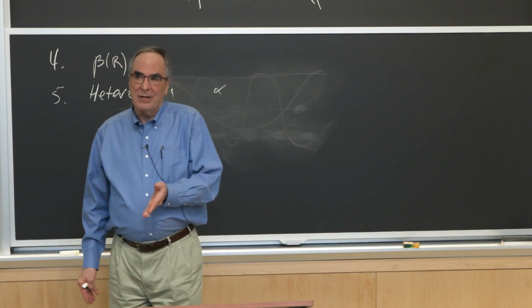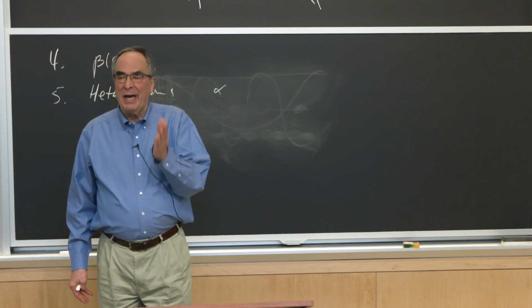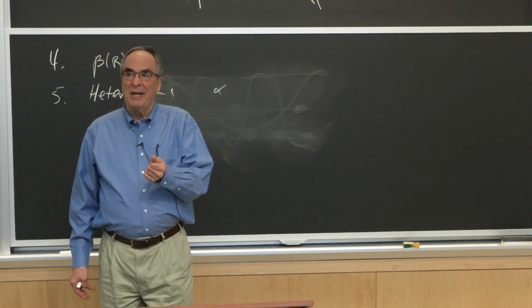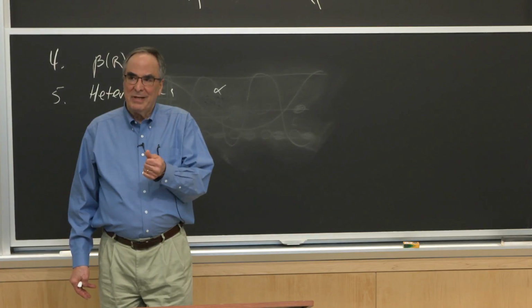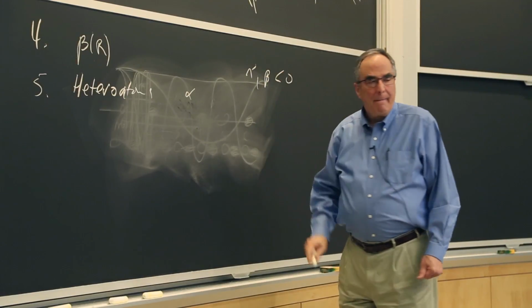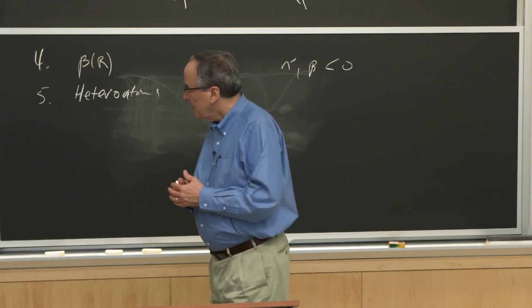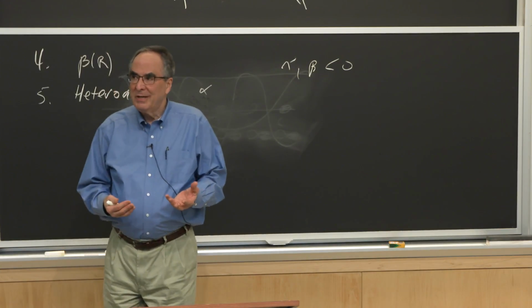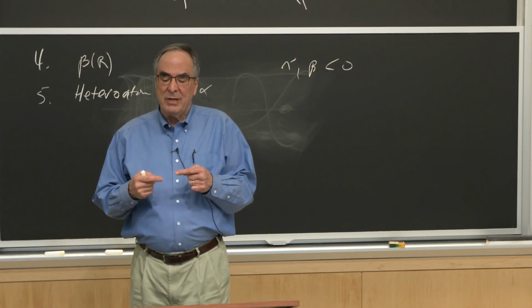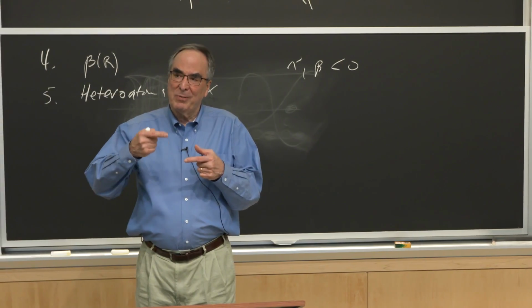Alpha is on the diagonal, and we know we can determine the sign of a diagonal element. And we know we can't determine the sign of an off-diagonal element. But we say that alpha and beta are both less than 0. And the reason for this is that when you solve the secular equation, you get two eigenvalues, one where you have minus beta and one where you have plus beta.